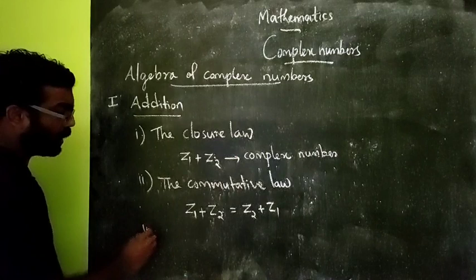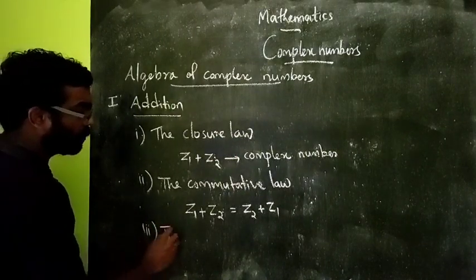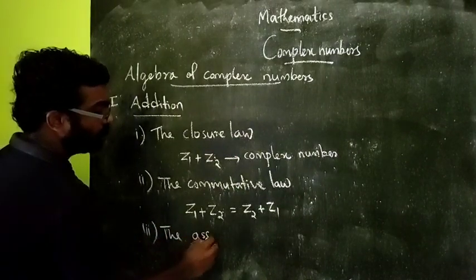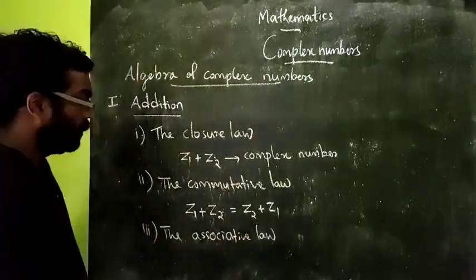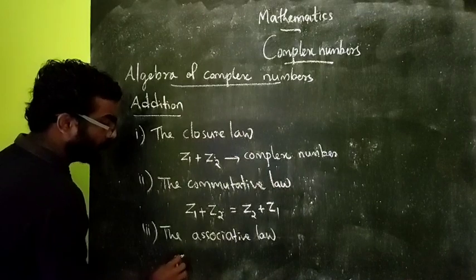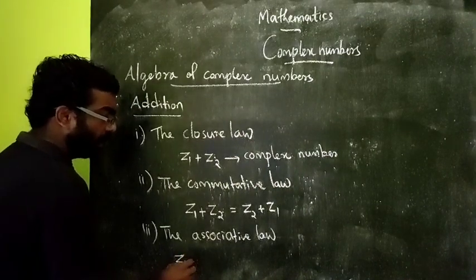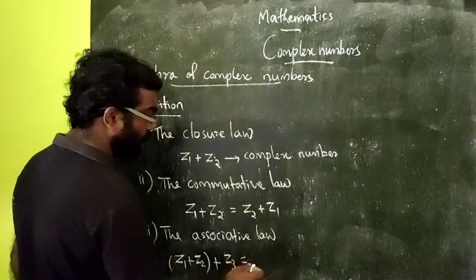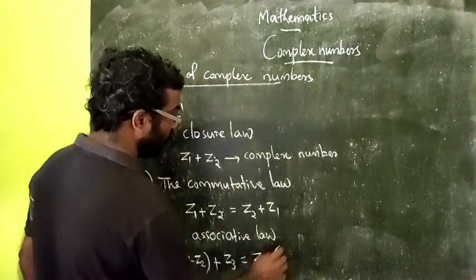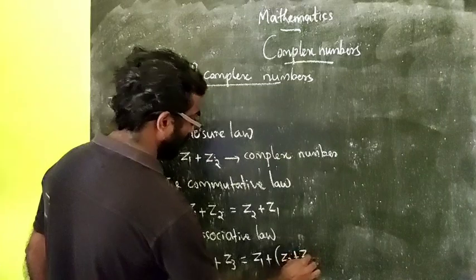And the third one is the associative law or the associative property. For any three complex numbers Z1, Z2 and Z3, Z1 plus Z2, then plus Z3 will be equal to Z1 plus Z2 plus Z3.